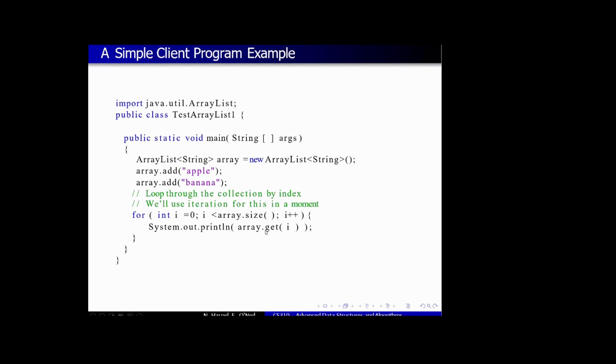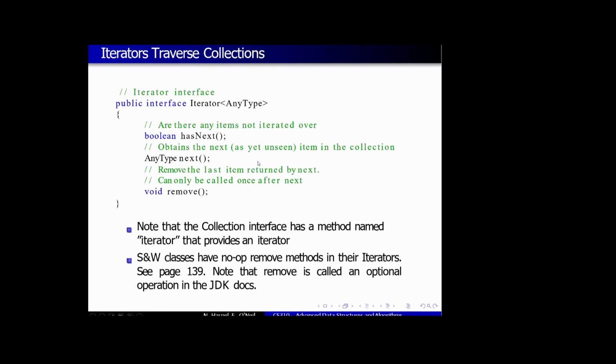Since this is a list, it has a get of i, so we can go through a simple iteration through i up to the size of the array. Now, I guess we haven't actually covered the fact that get was not in the collection API, so this is not a perfect example. But since it's a list, it has get. So it's get of i.